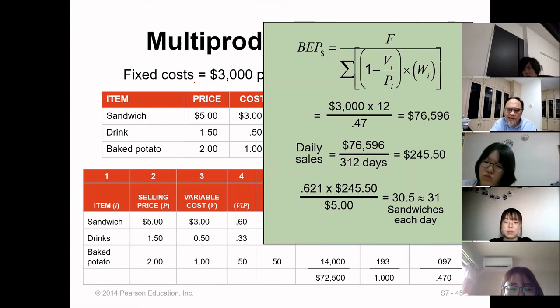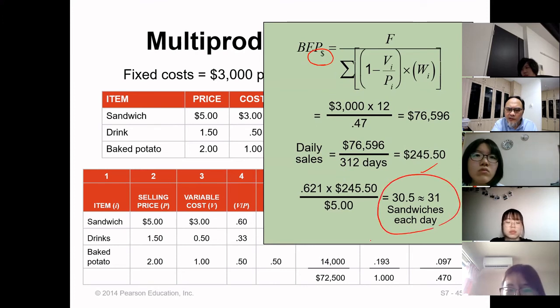So the daily sales at break-even is $245.50 using that formula, and also the daily sales of 30 sandwiches per day. So the break-even, in order to have this combination and the expected sales.